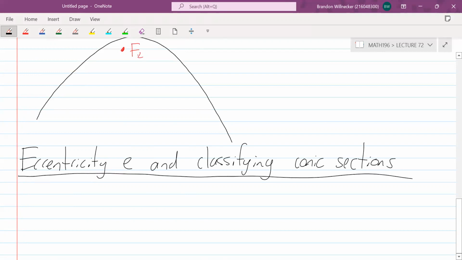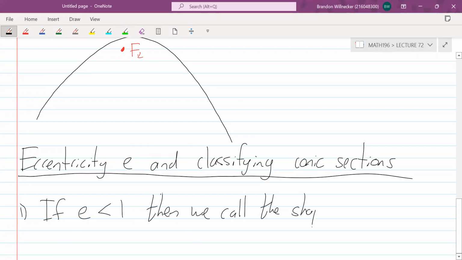Like I said, this value of E you can calculate, and that determines the shape of the curve that you're investigating. So if E is less than 1, that's case 1 here, then we call the shape an ellipse.